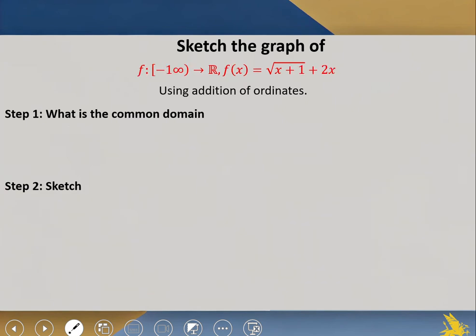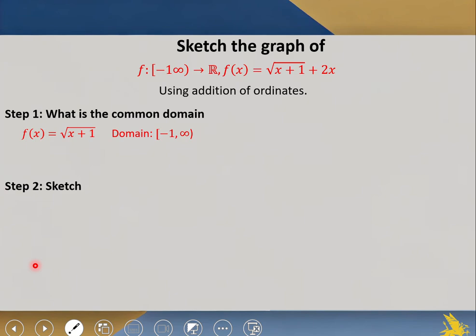The last one we are going to do is f described by the domain -1 to infinity for all real numbers. f of x is equal to square root x plus 1 plus 2x. So we're going to split this into two graphs. We're going to be looking at square root x plus 1, and that would be the domain of -1 to infinity.